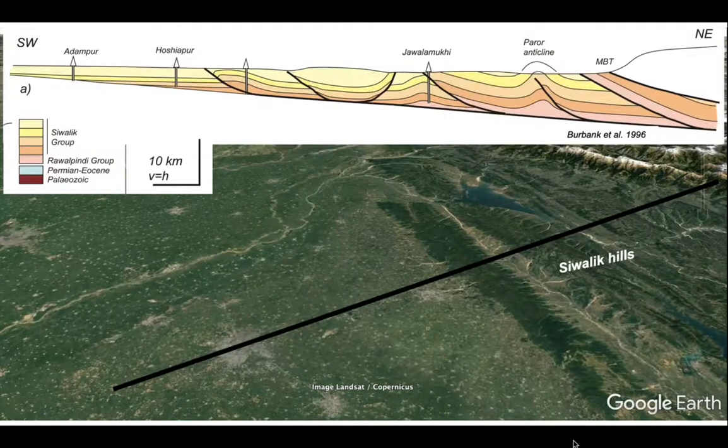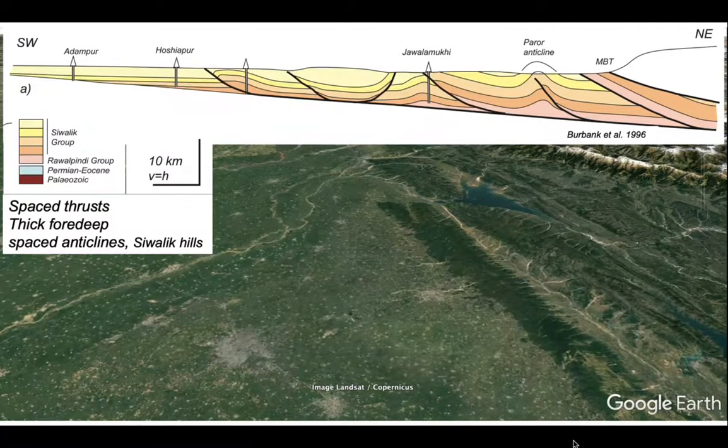This section runs southwest to northeast into the Himalayas, and it shows that the substrate is inclined northwards under the Himalayas, and the foreland basin rocks wedge out towards the foreland, towards the southwest. Most of these are this Siwalik group package of sediments, and you can see in the cross-section that they're deformed into a series of folds and associated thrusts, and the surface manifestation of these structures are the Siwalik Hills.